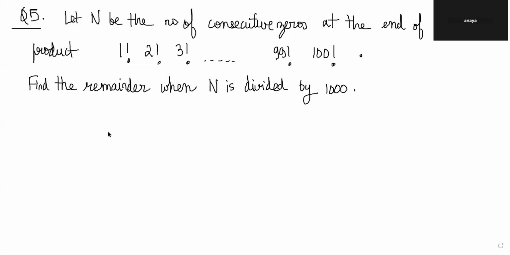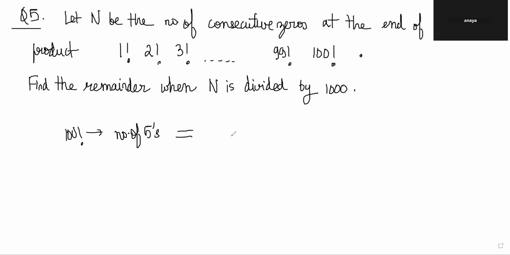How do you count the total number of 5s in a factorial? Suppose you had 100 factorial. How do you count the number of 5s? Prime factorization. How do you find the value?